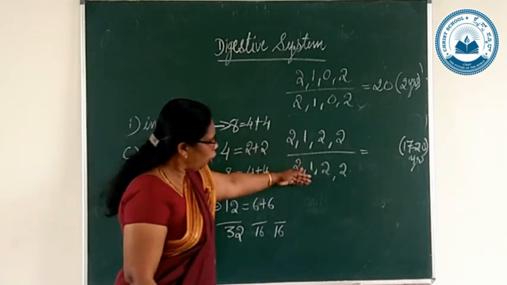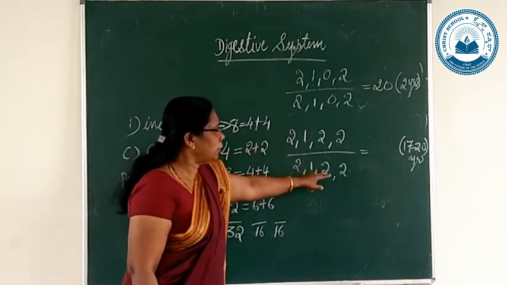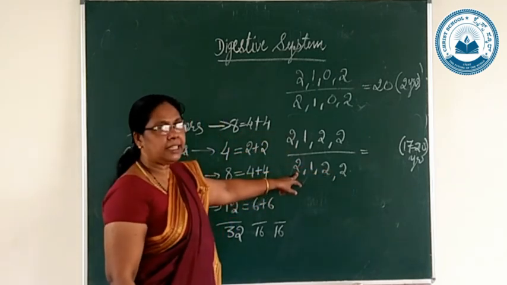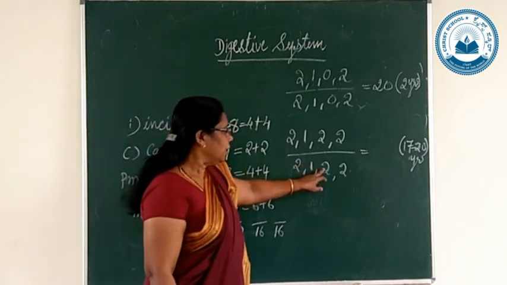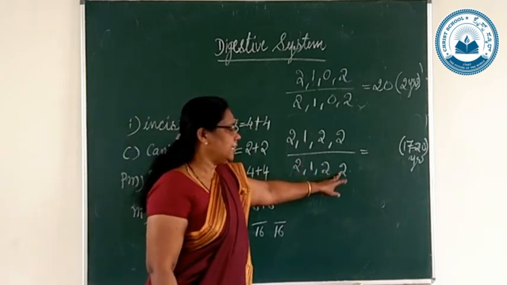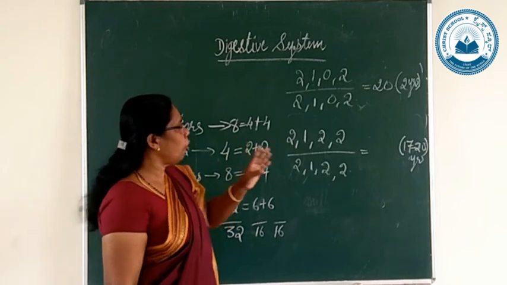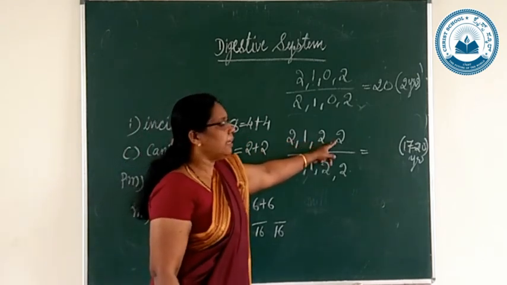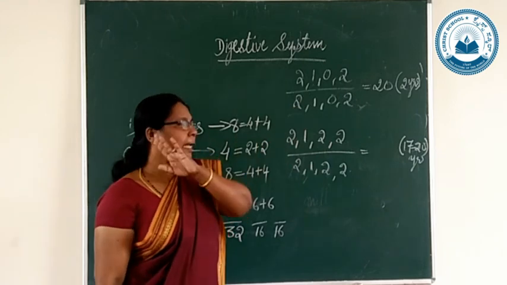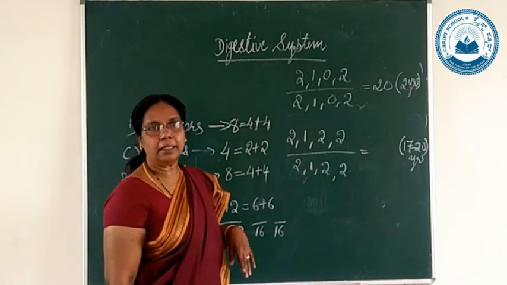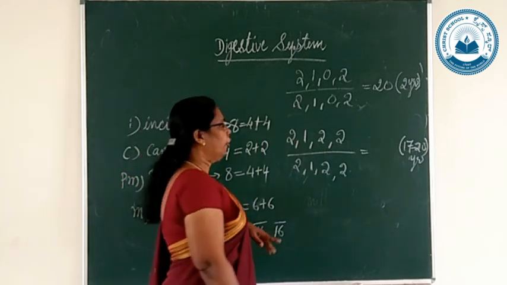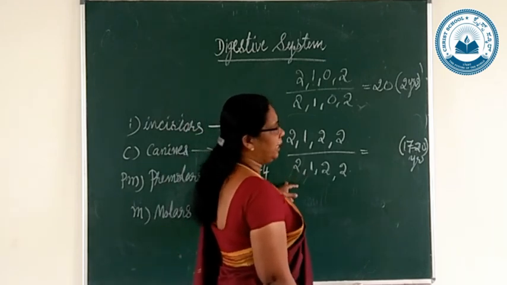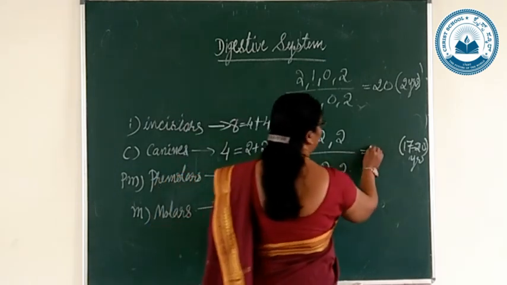The same type in the lower jaw also, 2122: incisors, canine, premolars, molars. This is on one side. So on one side, how many are you getting? 3, 5, 7. So again another 7 will be on this side, isn't it? So 14. 14 plus 14, how much? 28.